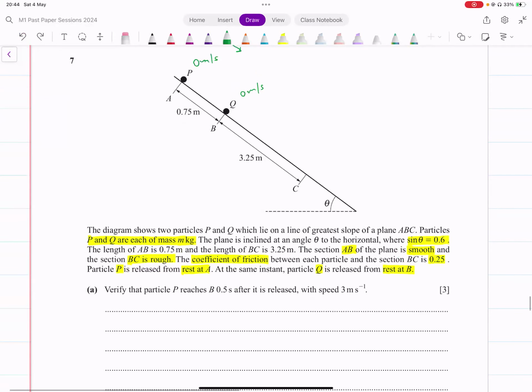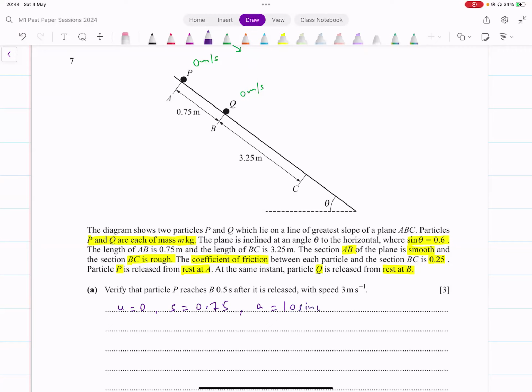Now, what do we know about AB part? Initial velocity is 0. Displacement is 0.75. What about acceleration? Since it is a smooth plane and weight is the only force acting on the particle, the acceleration value is 10 sine theta, right?